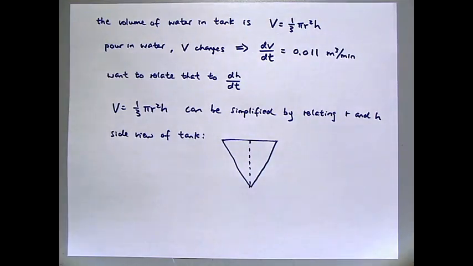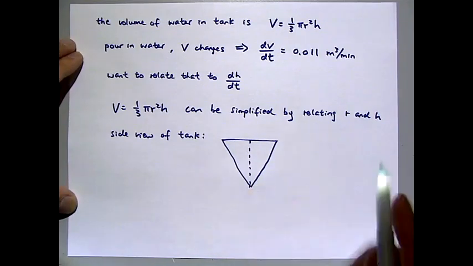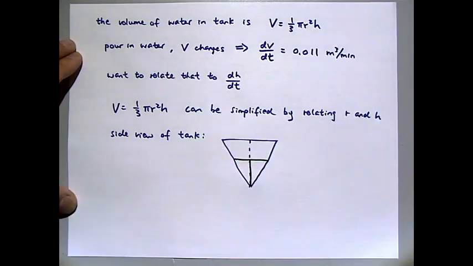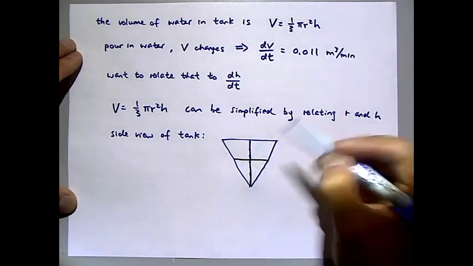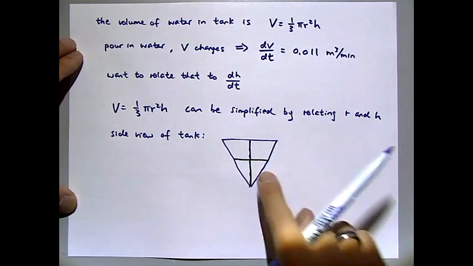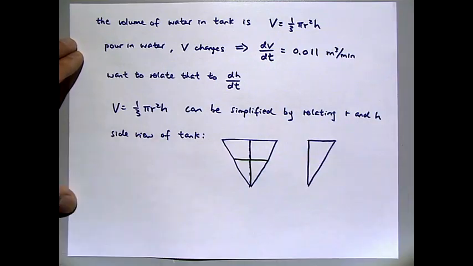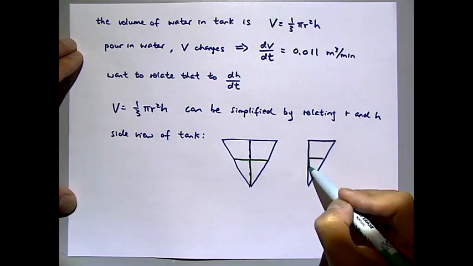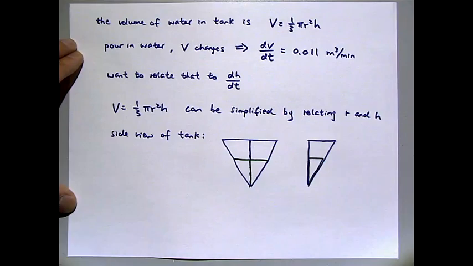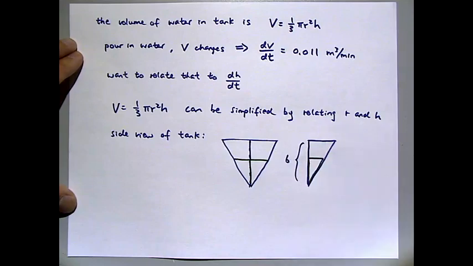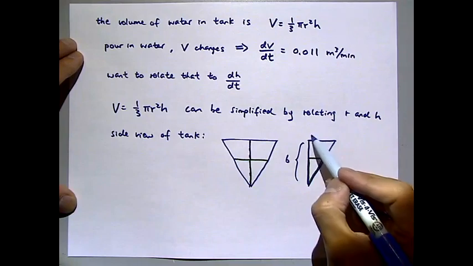Look at the cone, the tank, from the side. We see a triangle, and the water is going to look like this inside the tank. If you look at just one half of this triangle, the height of the tank, the big triangle, is 6 meters. The diameter at the top is 4, so the radius is 2.